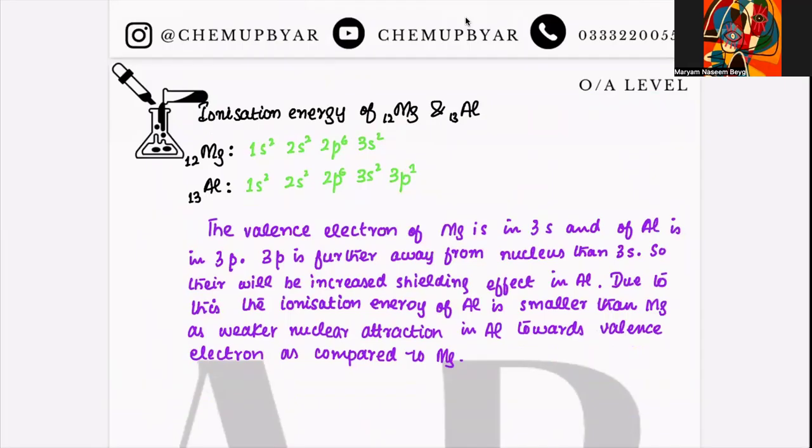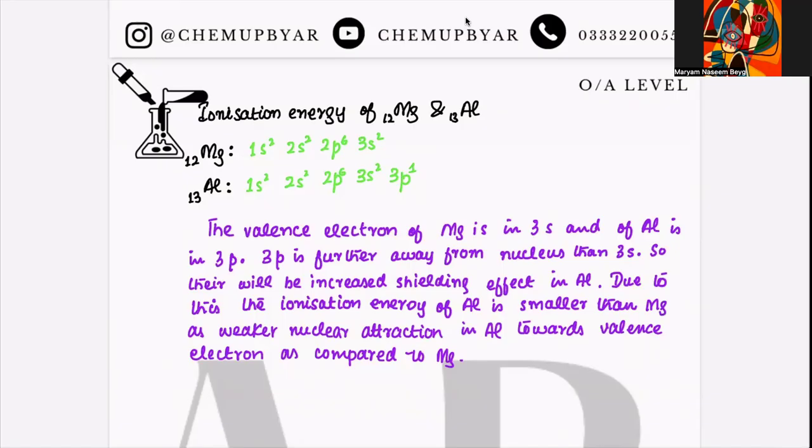So the whole reason remains the same: aluminium has a valence electron in 3p, magnesium has a valence electron in 3s. 3p is further away from the nucleus than 3s, and aluminium has a greater shielding effect. So there is weaker attraction in the atom of aluminium towards the valence electron, hence the ionization energy decreases. So that reason is exactly the same. Is this clear? Yes.